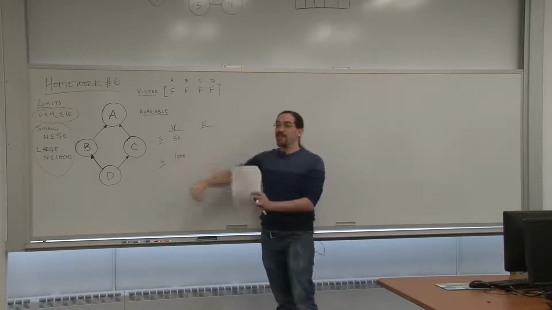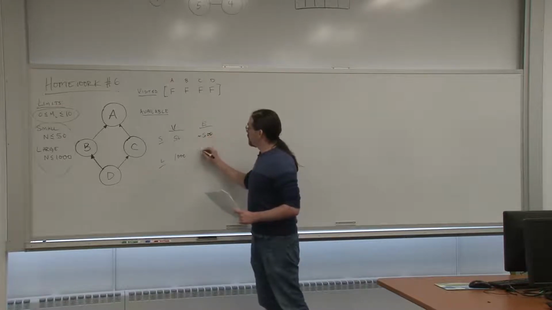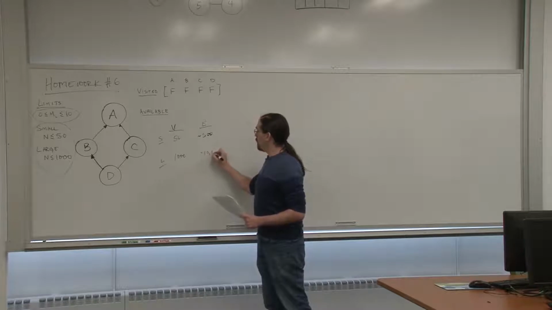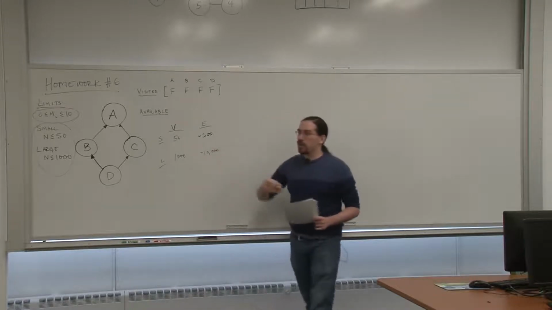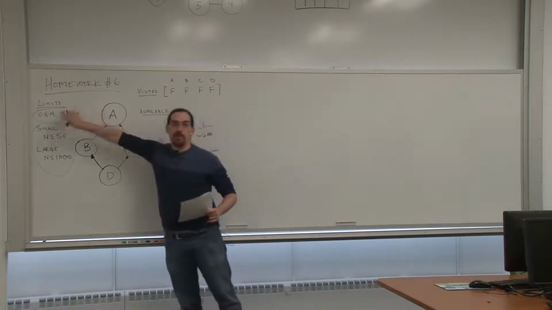This is a sparse graph. So at most, we can only have about 500 edges for the small case and about 10,000 edges for the large case, which is much smaller than if this limit wasn't here.